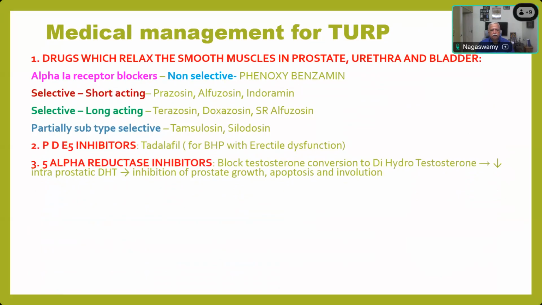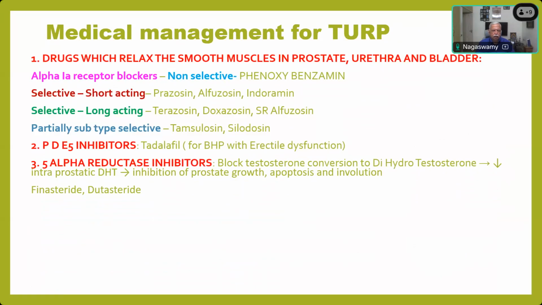5-alpha reductase inhibitors. They block the testosterone conversion into dihydrotestosterone in the prostate. They not only inhibit the growth but also help in the apoptosis and involution. Drug examples are finasteride and dutasteride.